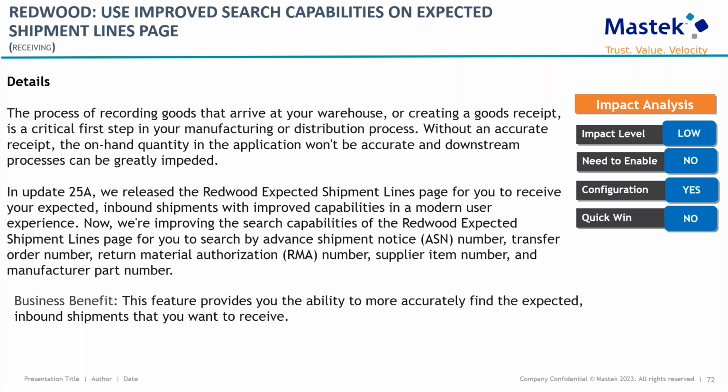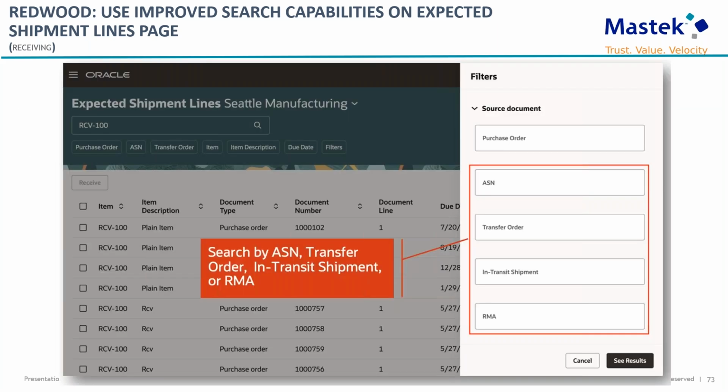This update expands the search capability, allowing the user to quickly find the expected shipment using details like ASN number, transfer order number, return material authorization number, supplier item number, or the manufacturer part number as well. New filters under the source document and item areas make it easier to narrow the results and act faster, whether you're handling inbound supplier shipments or transfer orders between the warehouses itself. It's about improving accuracy and saving time at the receiving dock.